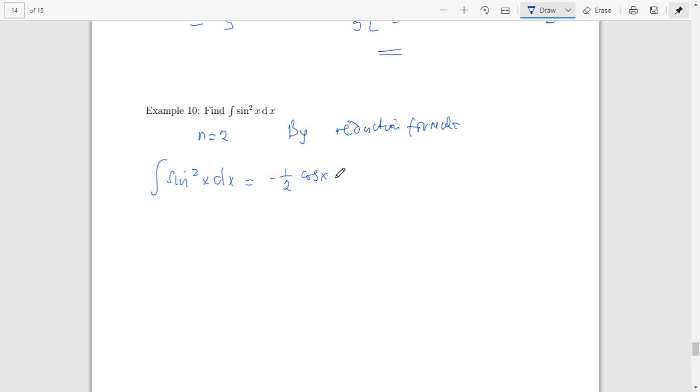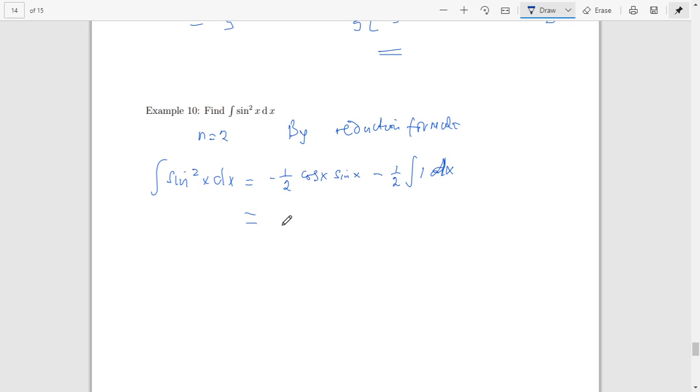Sine of n minus 1 is sine of 2 minus 1, which is just sine x, and then minus n minus 1 over n is going to be 1 over 2 integral of sine of n minus 2. 2 minus 2 is 0 of x. This is just sine x raised to power 0, which is 1. So I'm just going to have 1 here, dx.